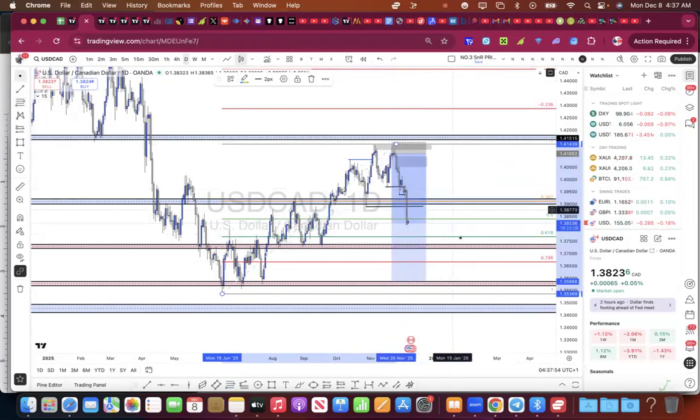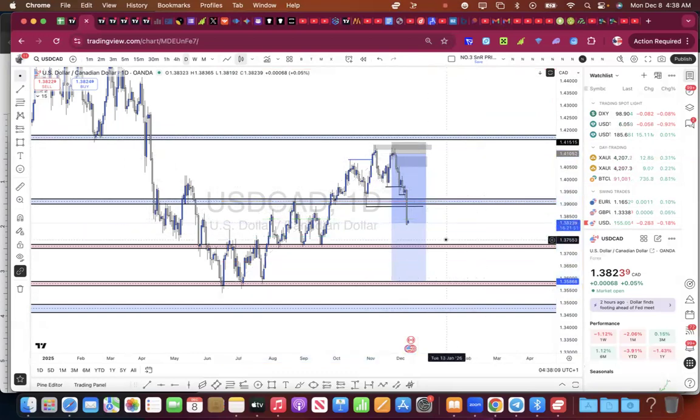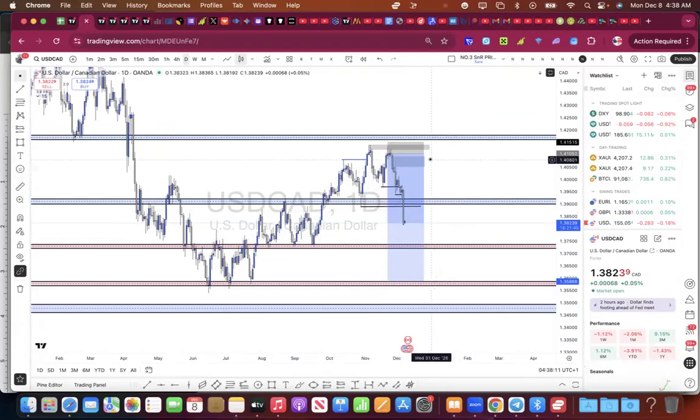So except for a bounce from here, which is now going to still go back and sweep this high. If it's gold, that's how it behaves. You're going to sweep this high and then take the market back up.